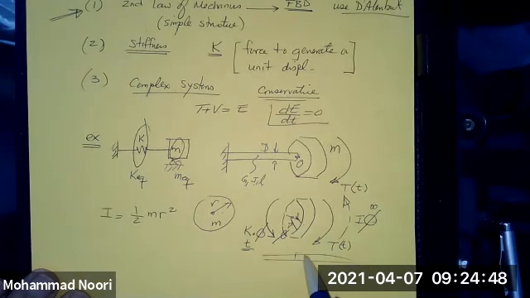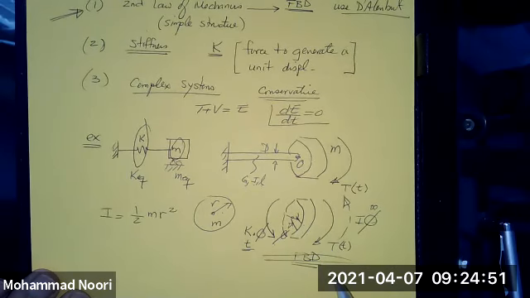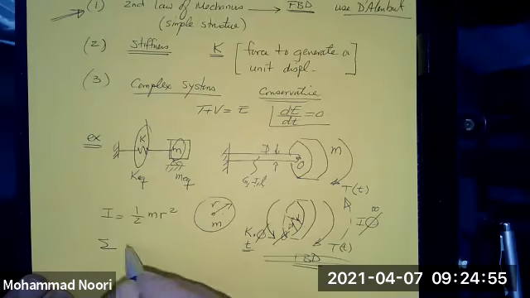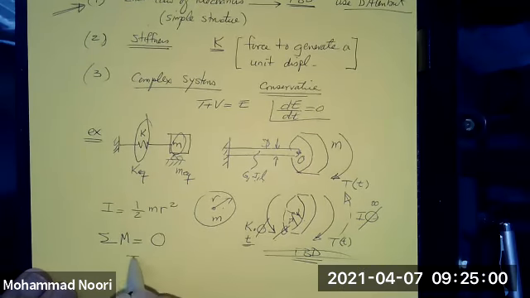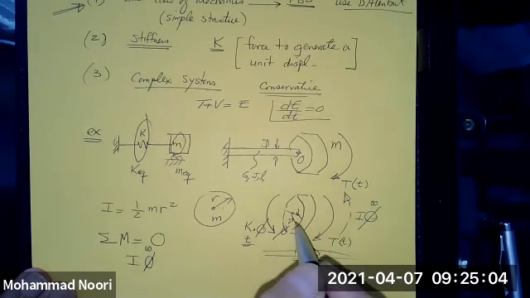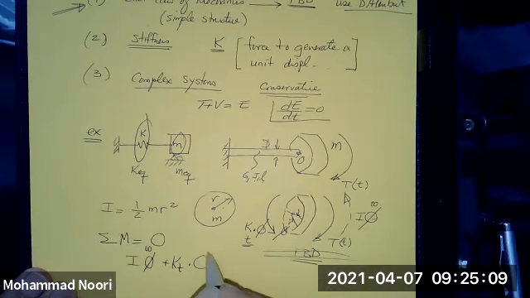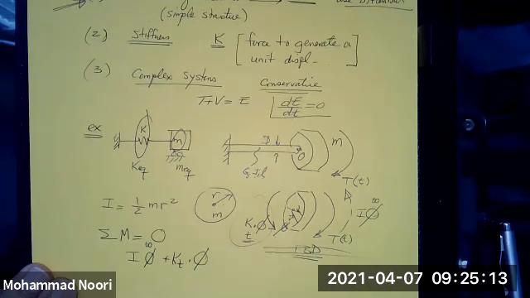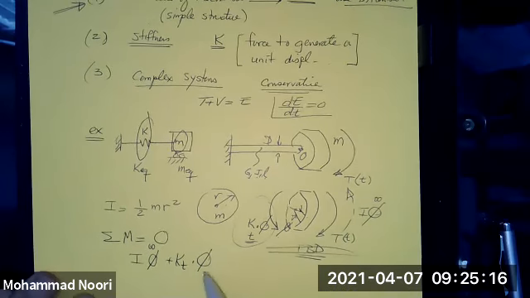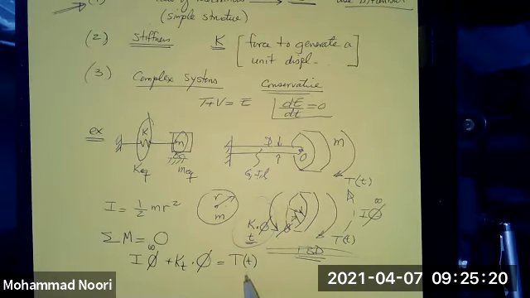Using this free body diagram, I just simply write the summation of all forces, in this case moments, equal to 0. What do I have? I have I phi double dot plus kt times phi, the stiffness force of the shaft, is equal to the applied load.